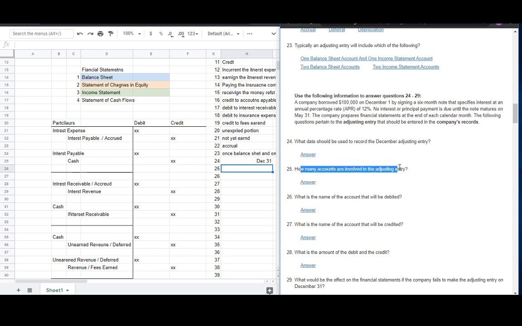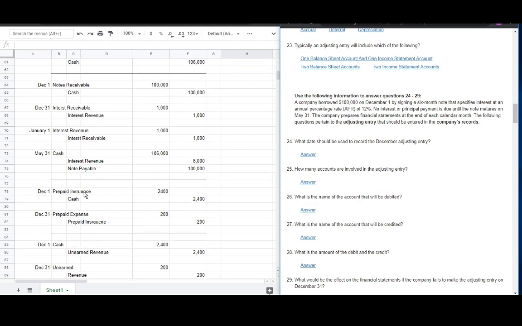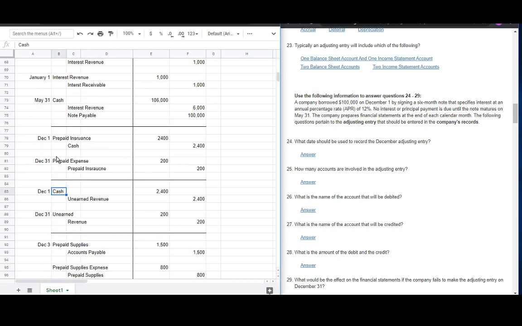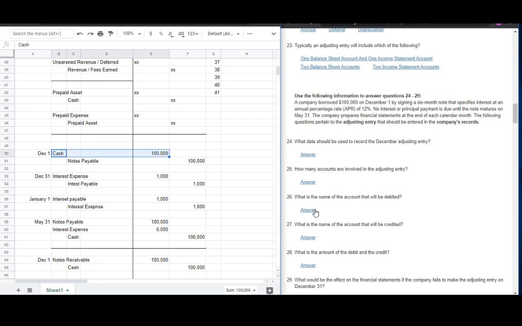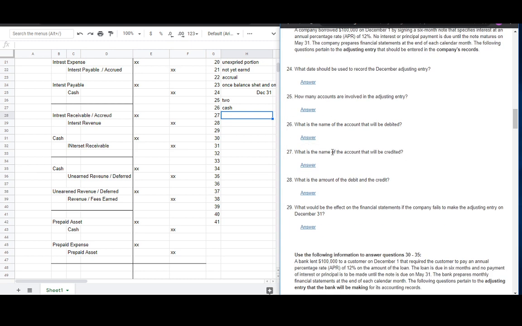How many accounts are involved in the adjusting entry? It's 2. What is the name of the account that will be debited? Here we have an example. Here it is cash. And what account would be credited?